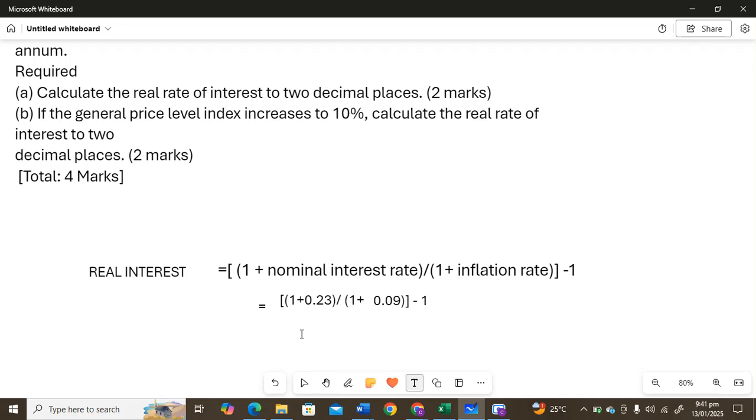So we calculate 1.23, because 1 plus 0.23 is 1.23, divided by 1.09, minus 1.